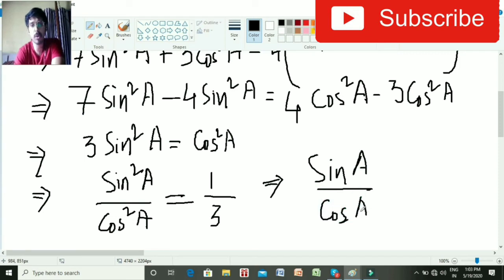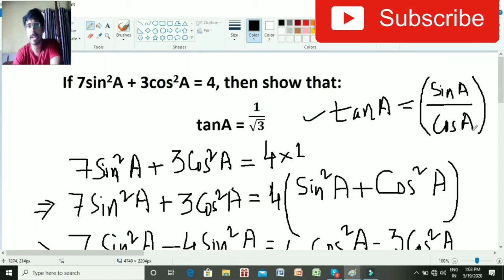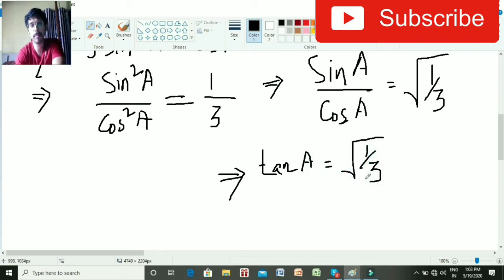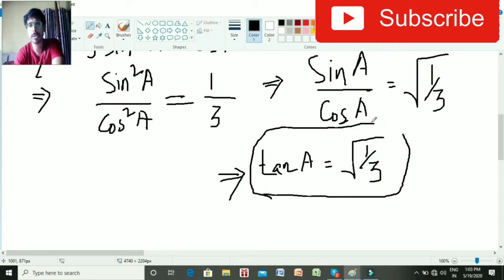So sin a by cos a will be the square root of 1 by 3. And what is sin a by cos a? I have mentioned it before. Tan a is nothing but sin a by cos a. So I can directly say tan a will be equals to square root 1 by 3. So this is the value that we needed to find out. So tan a is equals to 1 by root 3.